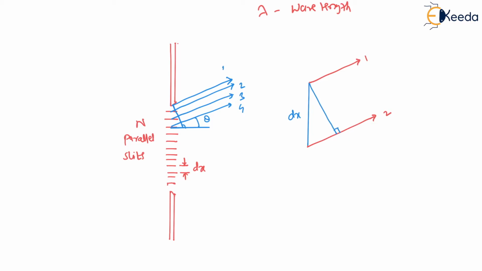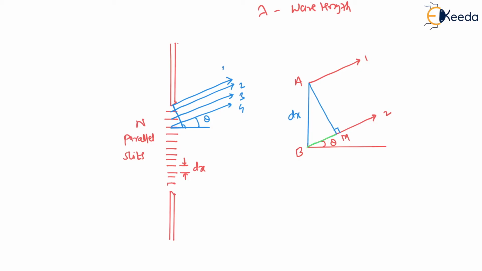Again, here I'll mark the angle. So this is angle theta. This is what? Angle theta. And this slit width is dx. Now we have to find out the path difference between the first and second wavelet. Here I'll label them: let this be A, this be B, and let the foot of the perpendicular be M. So the path difference between first and second will be BM.